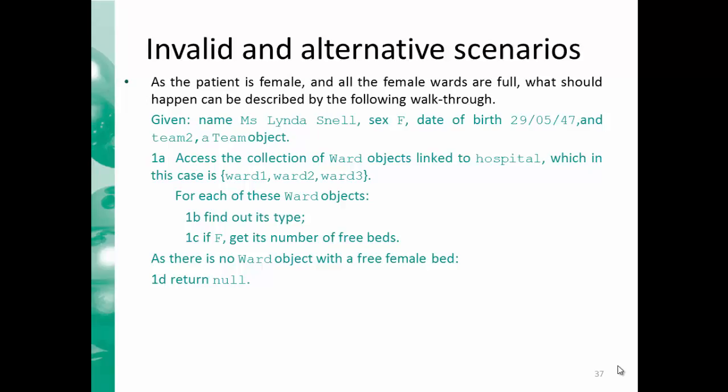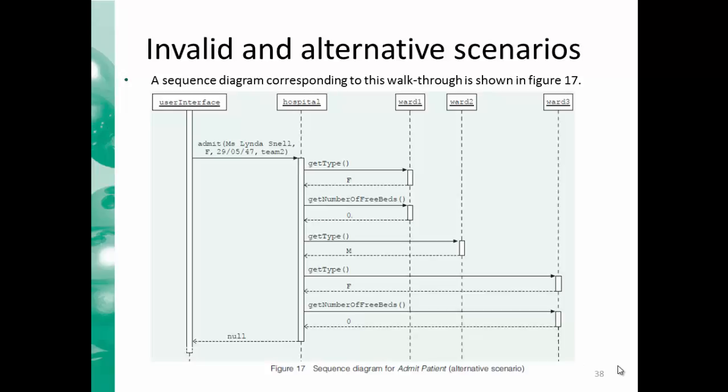And this is what will happen if we don't have a suitable ward in the hospital for some particular patient. We will return null and we will apologize for not being able to accept that patient. At the end it returns null, whereas in the invalid scenario we return fail and false, and an exception means something wrong has happened with the scenario.